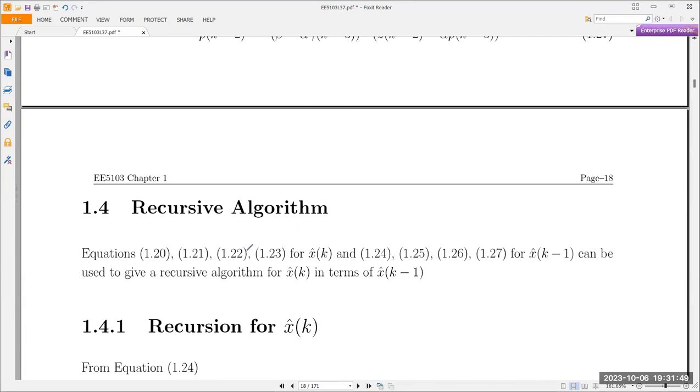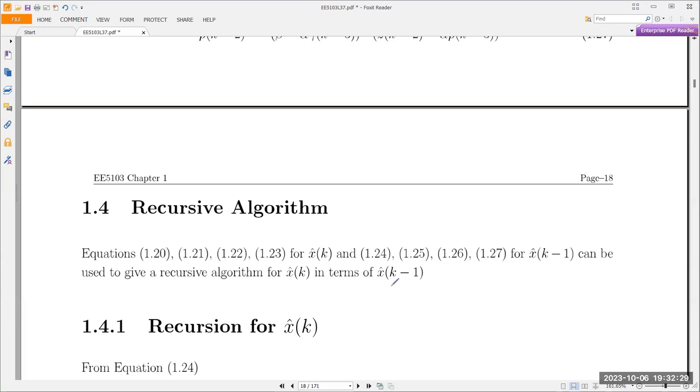What we want now is to use 20, 21, 22, 23, which is the solution for xk, and 24, 25, 26, 27, which is the solution for xk minus 1, to do secondary school algebra, very tedious: eliminate variables, substitute here, substitute there, until I also get a headache, so that finally xk is in terms of xk minus 1.